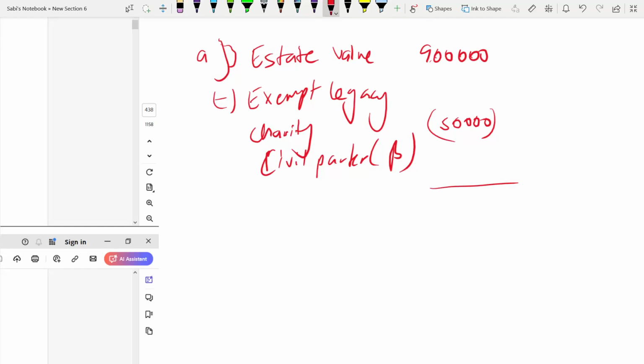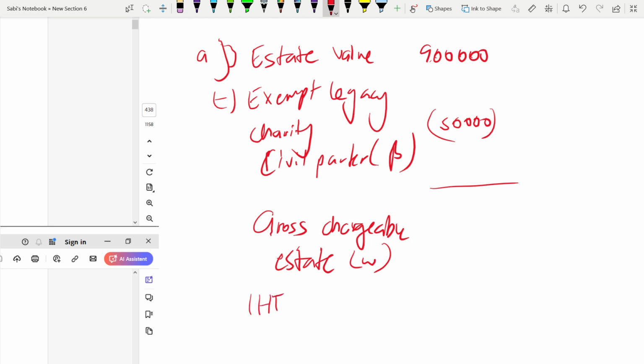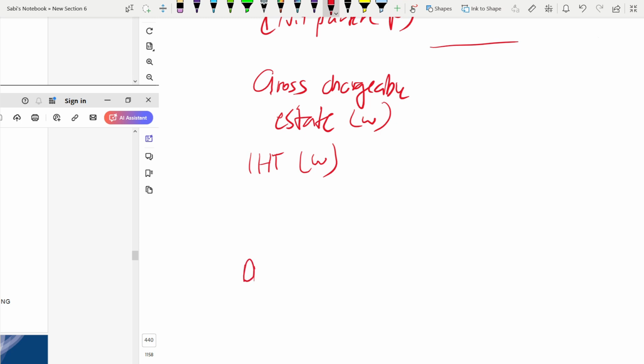To know this, you need a working for it, and hence the IHT also needs a working. So let us now first distribute the estate. You have to do the distribution of the estate. That means how the total 900 is made up.